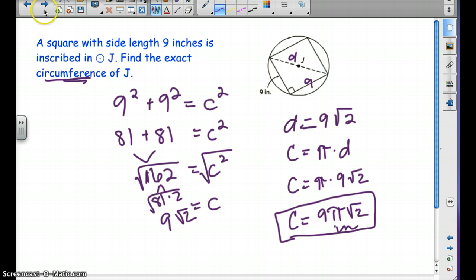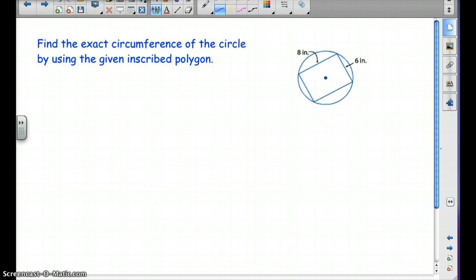All right, let's try another one. Okay, here's another one. We have an inscribed polygon because it's inside. And how can we do this? We know this is a rectangle here. We have 90 degrees. Very good. We can go ahead and make a right triangle.